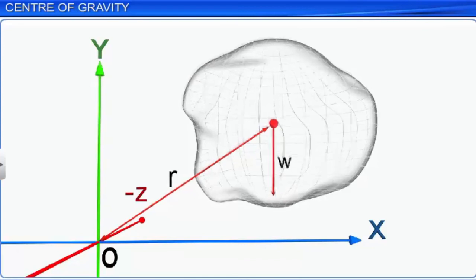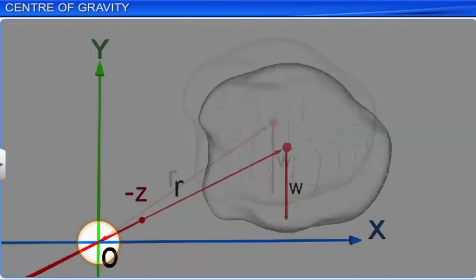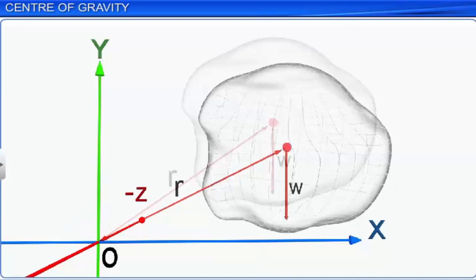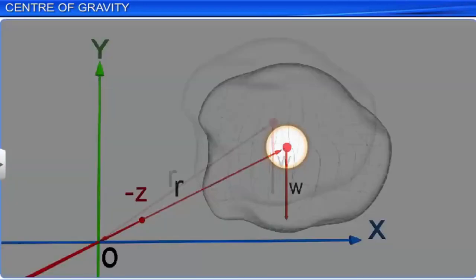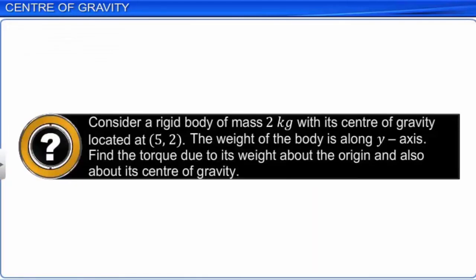Torque due to the weight of a body about any point can be calculated by assuming the whole weight of the body concentrated at its center of gravity. For example, consider a rigid body of mass 2 kg with its center of gravity located at (5, 2). If the weight of the body is along the y-axis, find the torque due to its weight about the origin and also about its center of gravity.